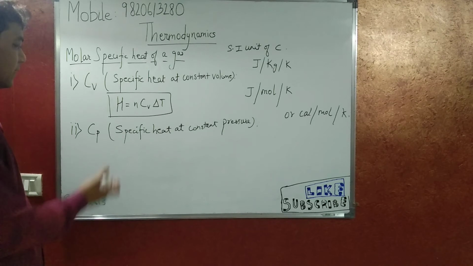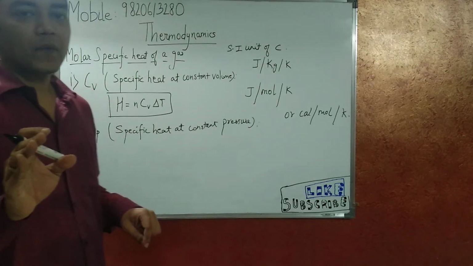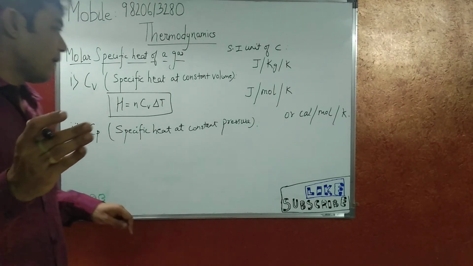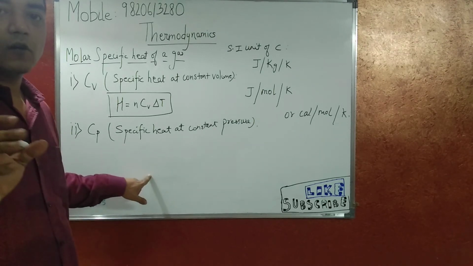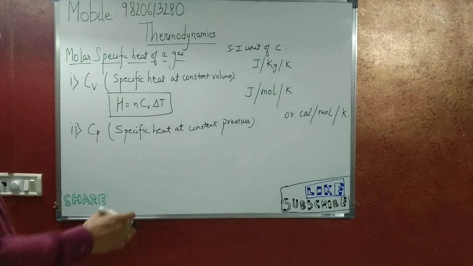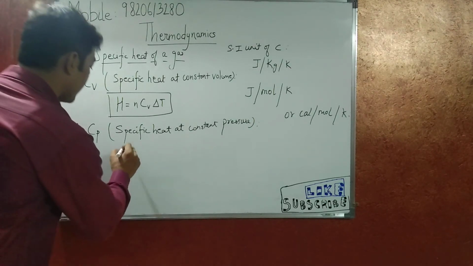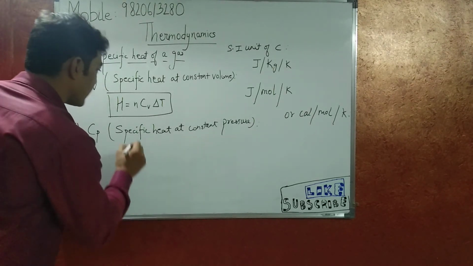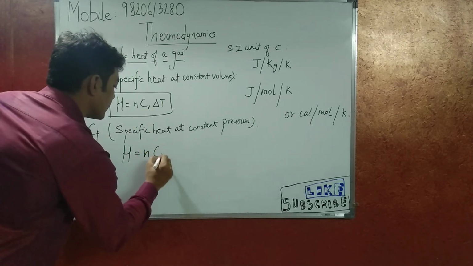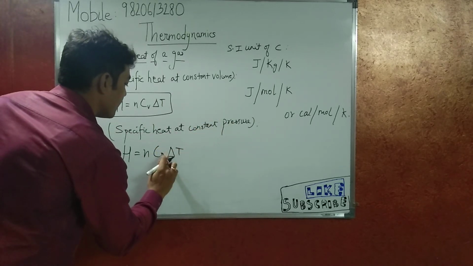Here also, if you heat 1 mole of a gas such that its temperature rises by 1 Kelvin, and the pressure of the gas does not change, that is, the pressure remains constant, then it is known as specific heat at constant pressure. The expression is almost the same: N for number of moles, and instead of Cv, I will write Cp because it has constant pressure, times delta T.